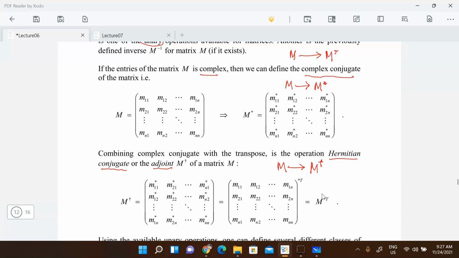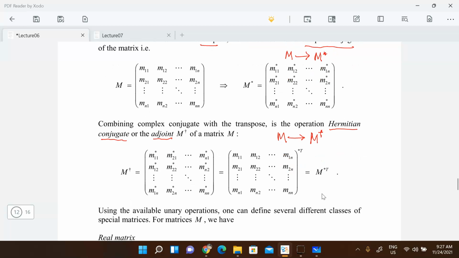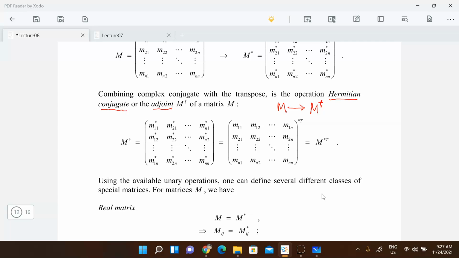That defines a new unary operation, which is a combination of the unary operations of the transpose and your complex conjugate. Roughly speaking, you remember your transpose, one talks about rotation matrix.